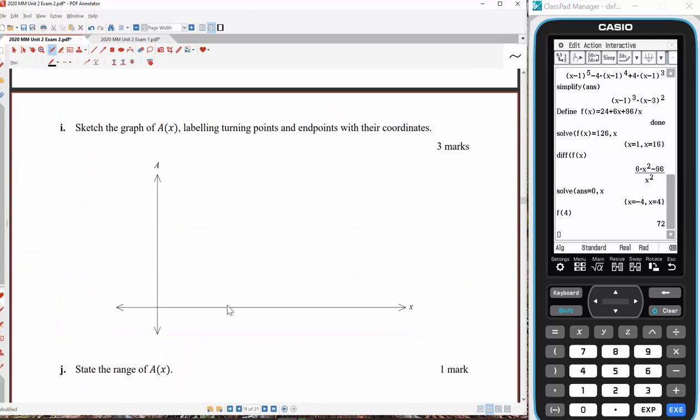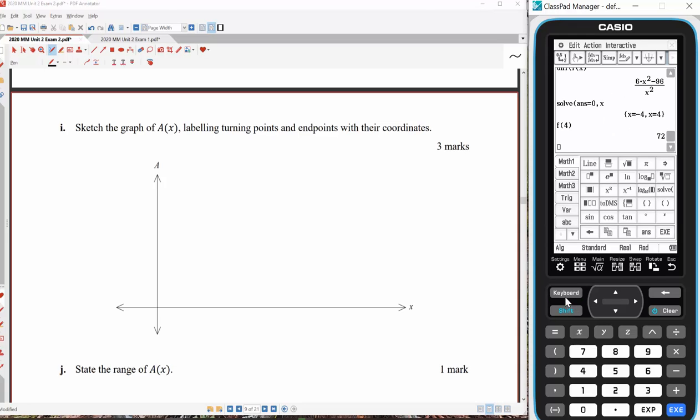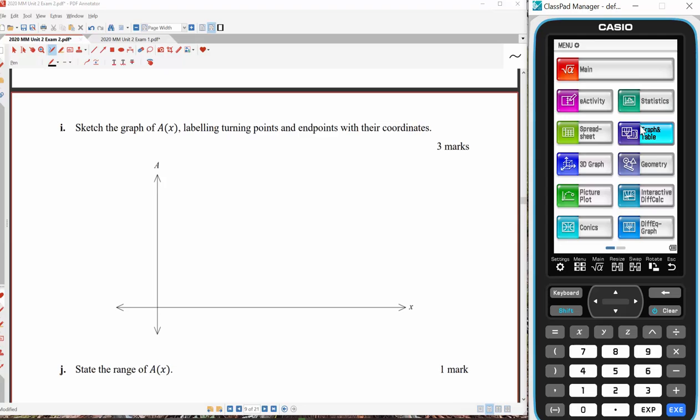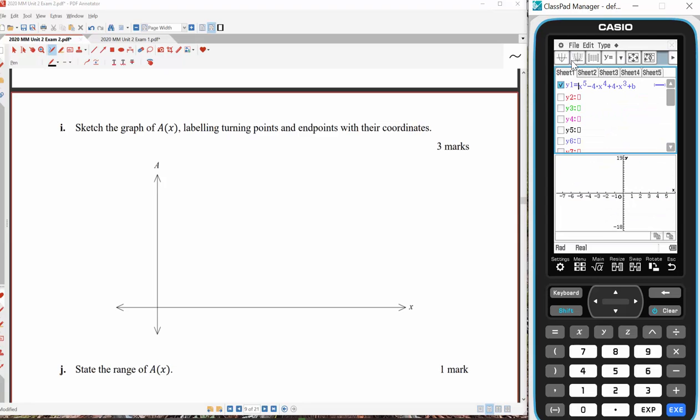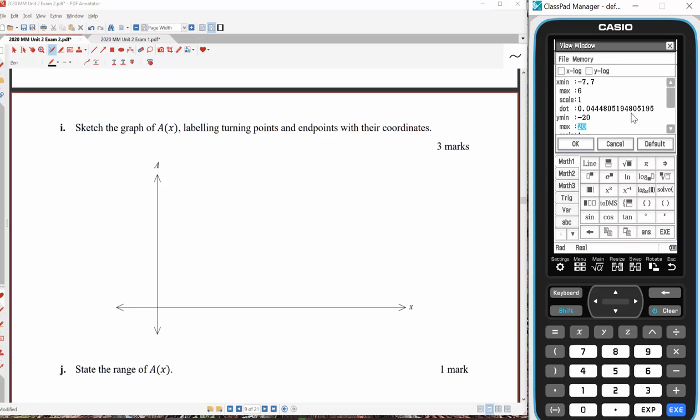Sketch the graph. Now, let's go check out what it looks like. Because we've got areas, let's go up to 300. And the max, when was it? 4 and -4.